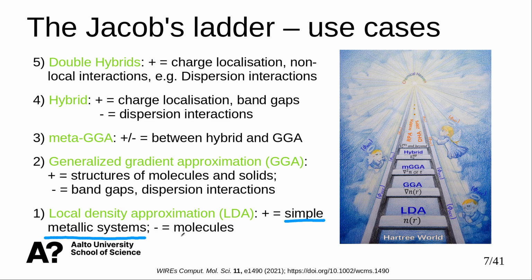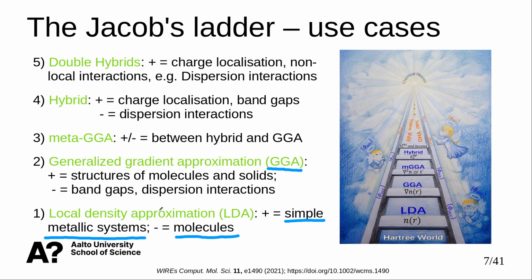However, molecules are usually not distributing all their electrons over the system. They're usually quite bound to one atom, like in a water molecule, right? The oxygen binds quite strongly the electrons, so those electrons are not delocalized, they are localized towards oxygen. So for that reason, LDA is quite bad or unsuitable for molecules.